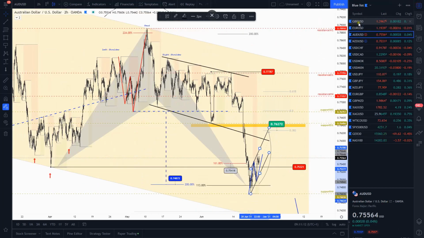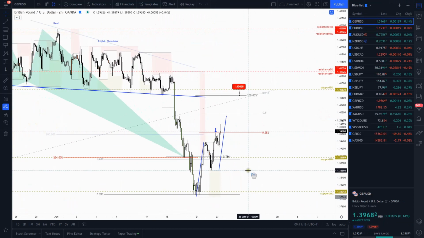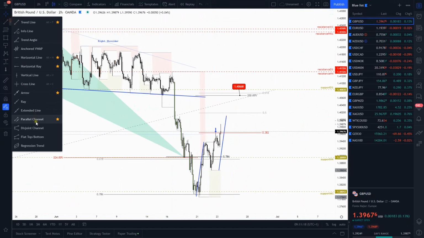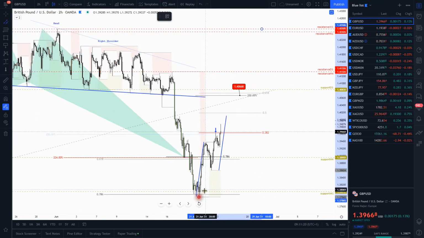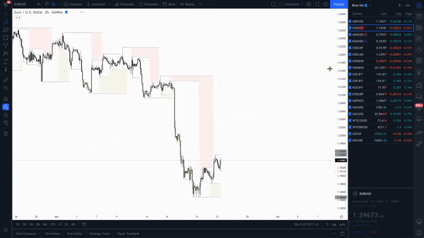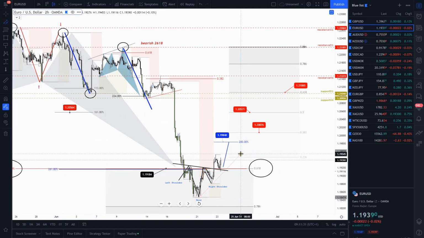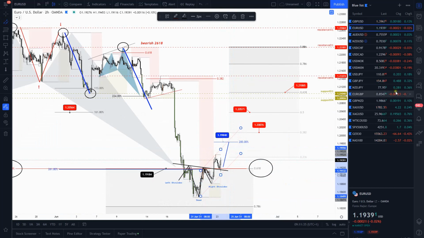And very similar for the cable and the euro versus dollar. Actually, the cable not so clear. It's not a perfect parallel structure. If you draw a parallel, you still need a retest of the highs of the channel. Euro versus dollar, very similar with a kind of a parallel structure also.